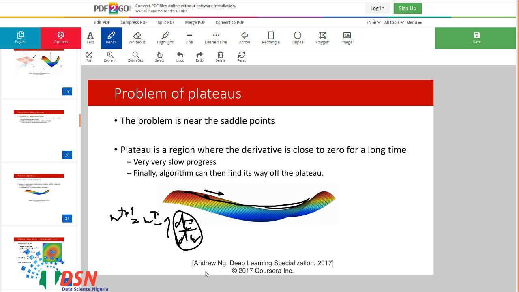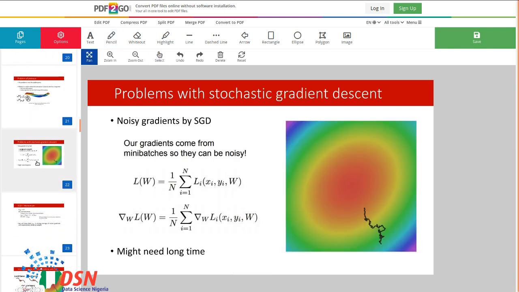Because this is a really small number, w of t plus 1 is approximately equal to w of t. In other words, you have very small steps in these plateaus, or very slow progress, and this is another problem that we should solve.